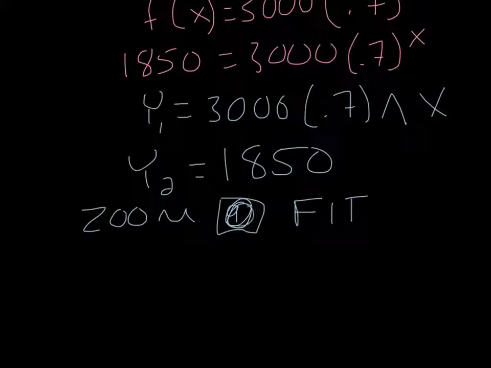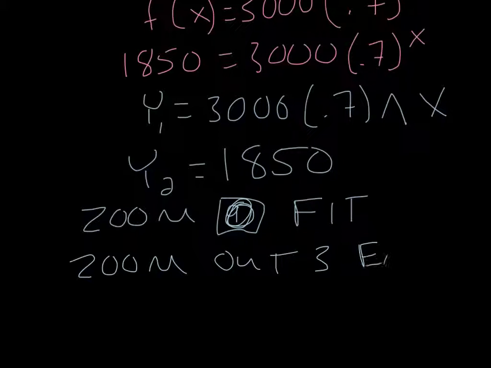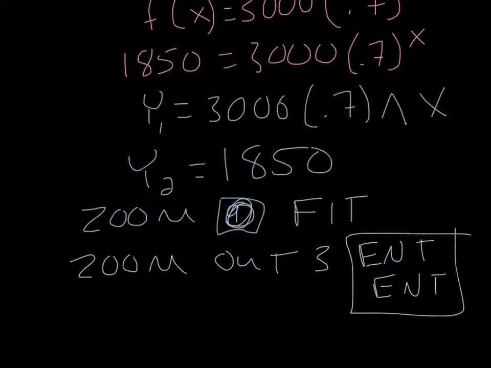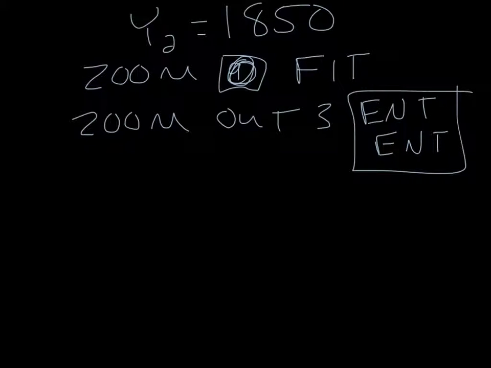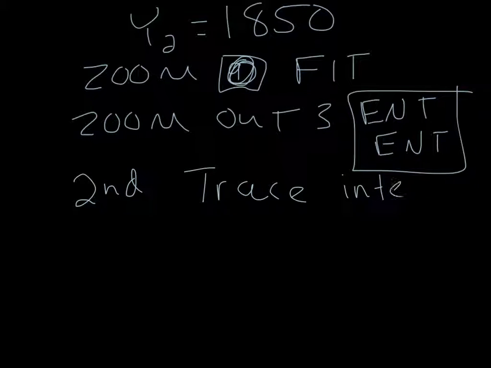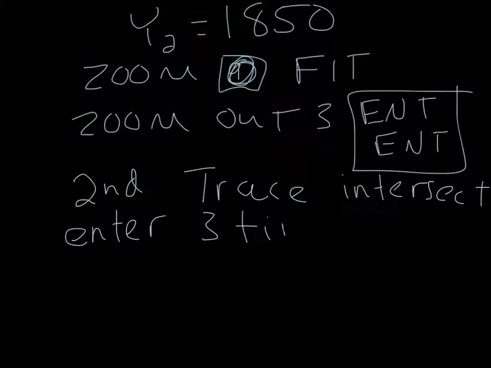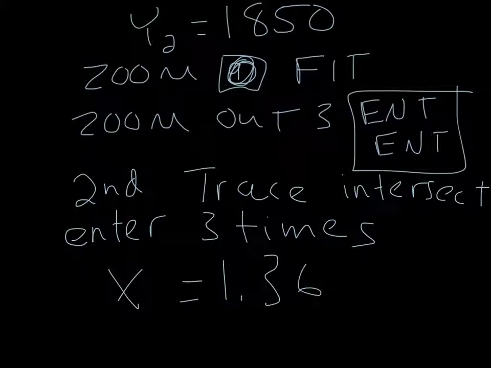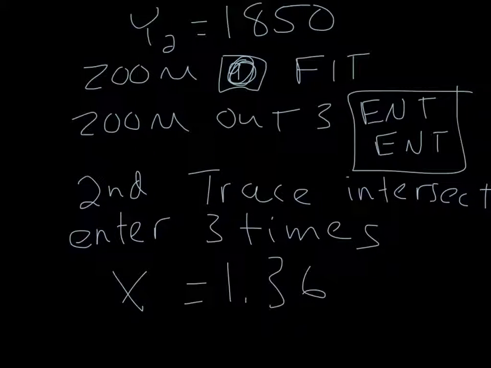Zoom 0, like I said, is fit, and zoom out until you can actually see everything, which is 3. You got to enter twice after that. Then you do second, trace, intersect, enter 3 times, and you got x equals 1.36. Is that right? 1.36. Oh, I hate it when that happens. Years. Or 1.4.